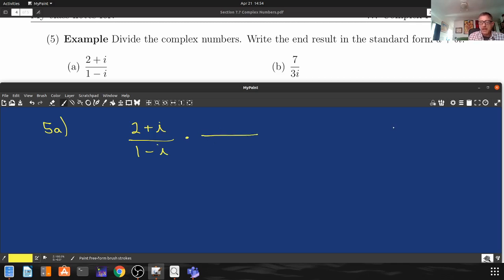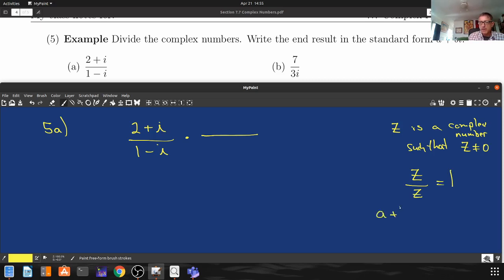It turns out that if z is a complex number such that z is not equal to 0, then z divided by z is still equal to 1.